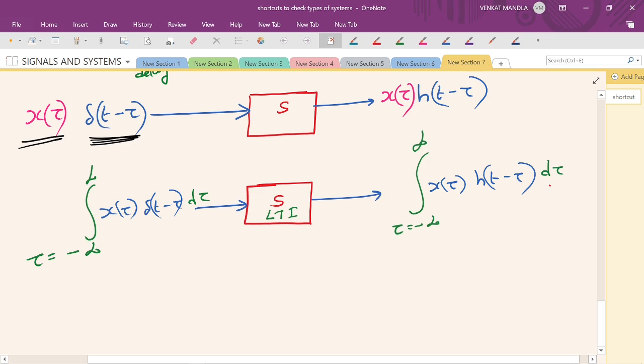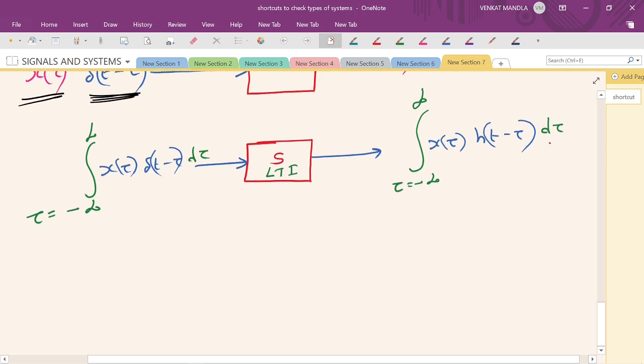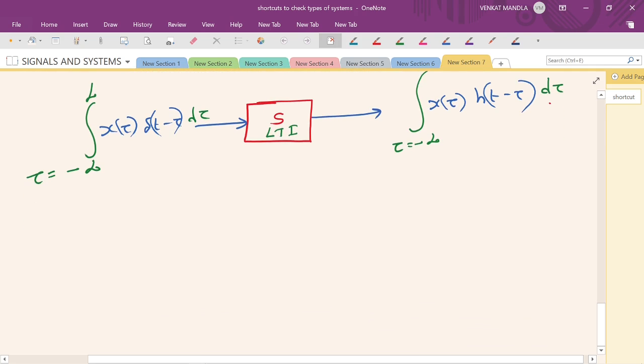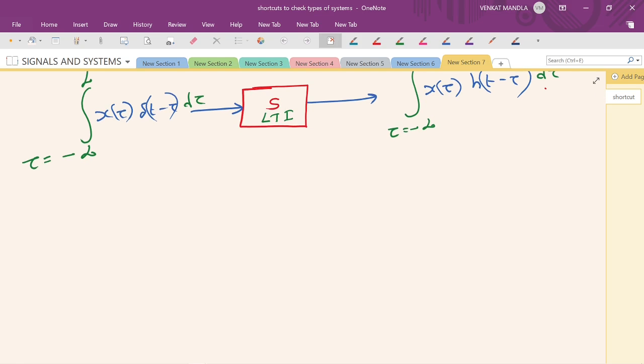If you want, we'll explain clearly. Integration is nothing but summation of continuous time signals. If the signals are continuous, we have to integrate to add them. If the signals are discrete, then you have to sum them. Suppose tau is discrete, how to write this?